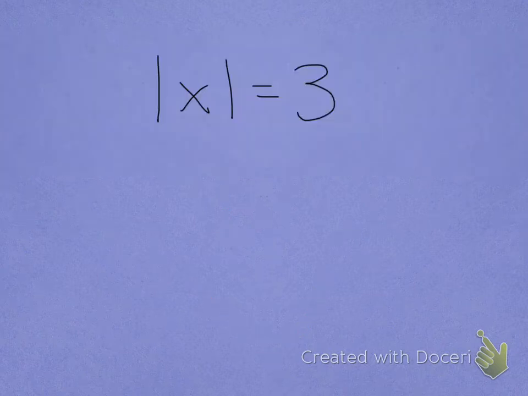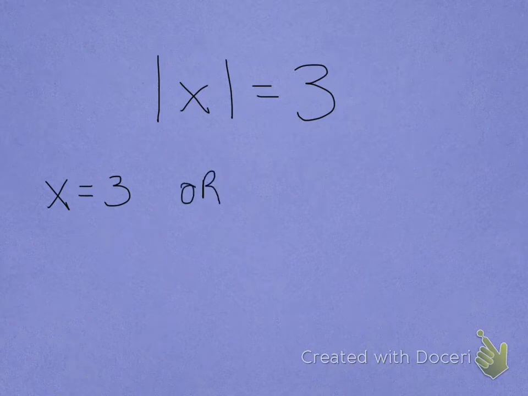So let's look specifically at one basic type of equation. If we want to find the absolute value of some number x, and let's say that's equal to 3, there are actually two distinct cases that we must consider. It's possible that x could equal exactly 3, because the absolute value of 3 is 3, or in other words, 3 units away from 0 on the number line.